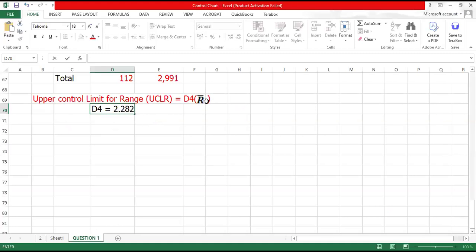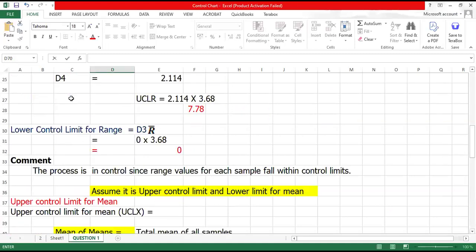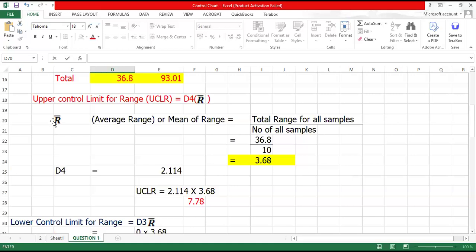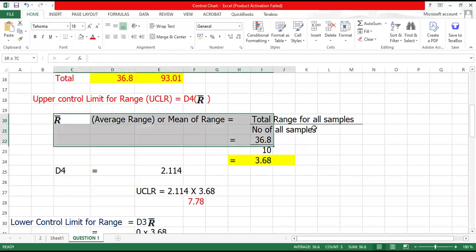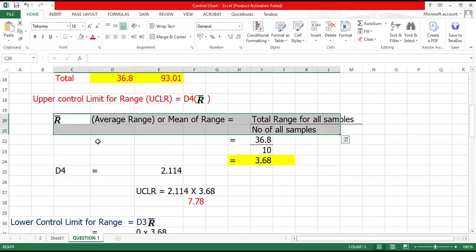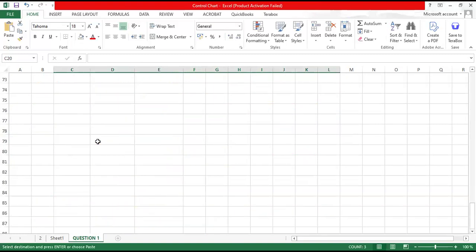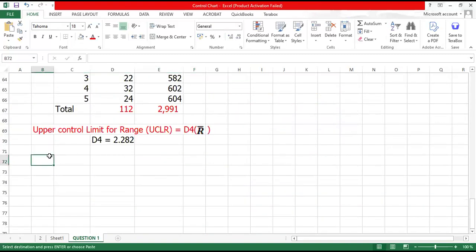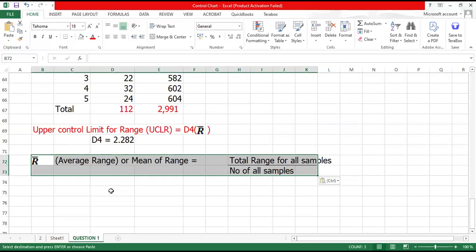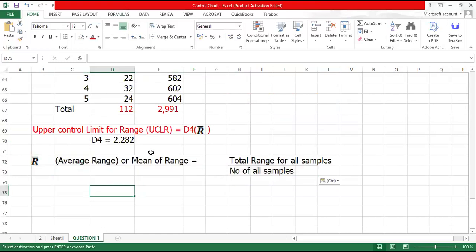Then how do you get R bar? This is our average range. We follow this formula. Average range is the mean of range: total range of all samples divided by number of samples.